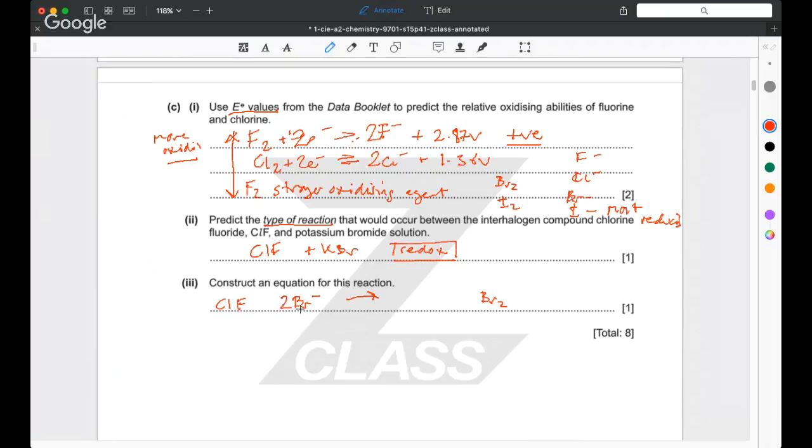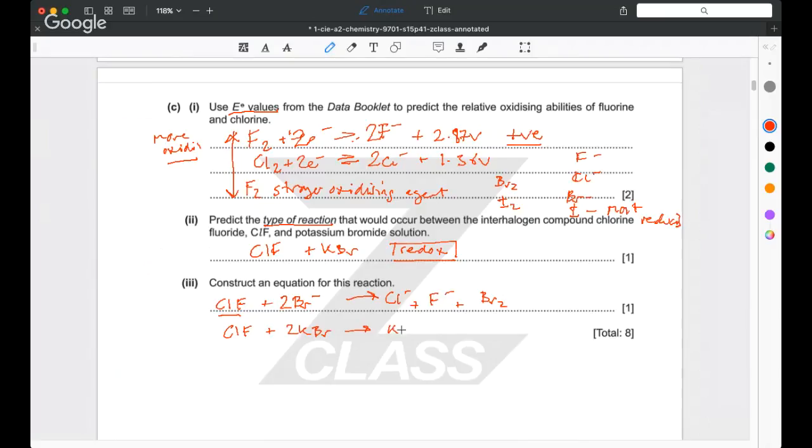Because the bromide ion is most reducing, then these two are going to be reduced, aren't they? So if we reduce chlorine from there, you're going to get chloride. And if we reduce fluorine from there, you're going to get fluoride. So the overall reaction is that. Or if you wanted to put the potassium in, you could have the interhalogen compound there, plus 2.